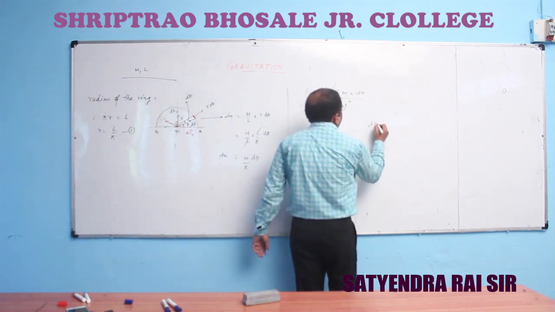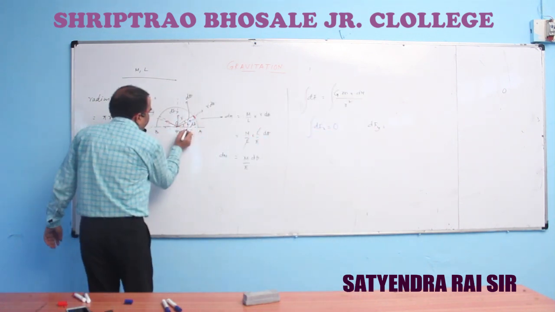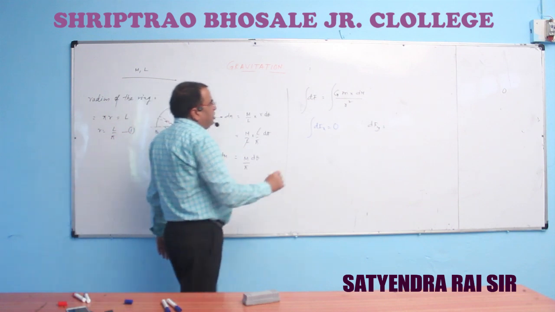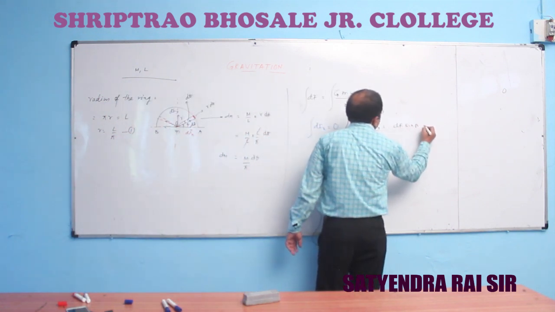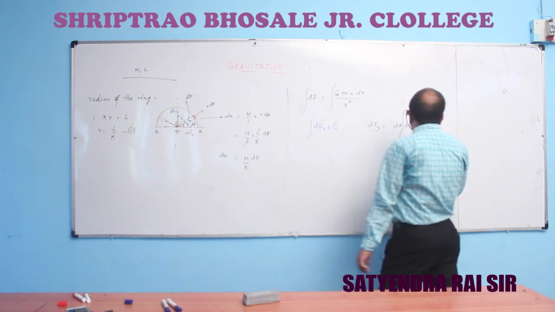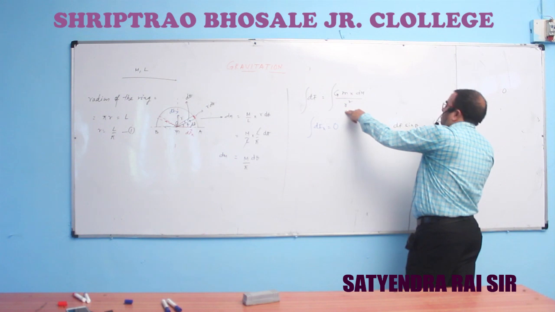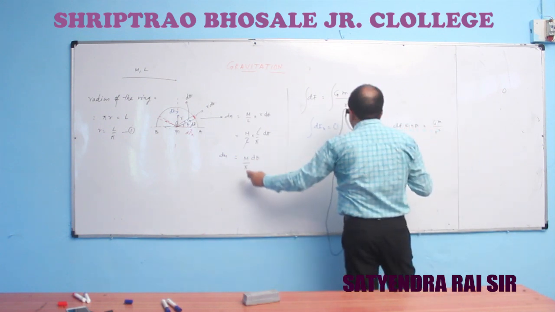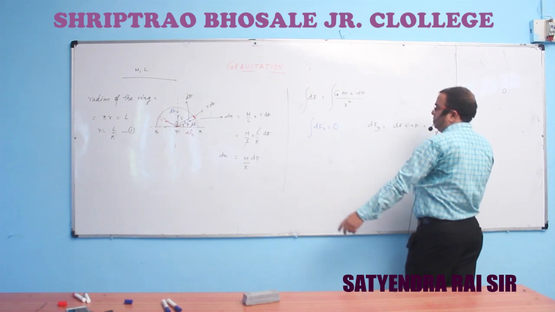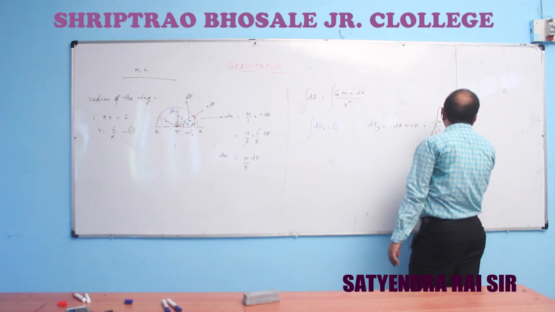And what is dfy? dfy is nothing but df sine theta. So df is here, put it over there, and df is G small m upon r square into dm. What is dm? It is capital M by pi into d theta.